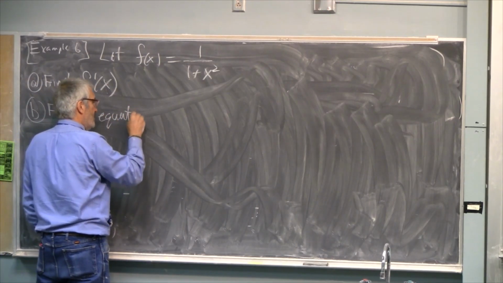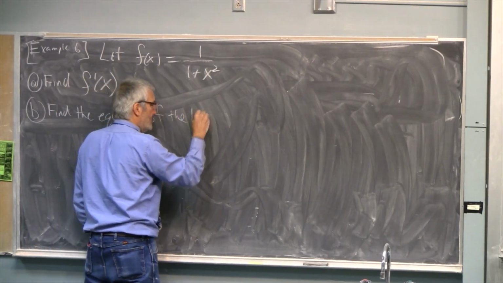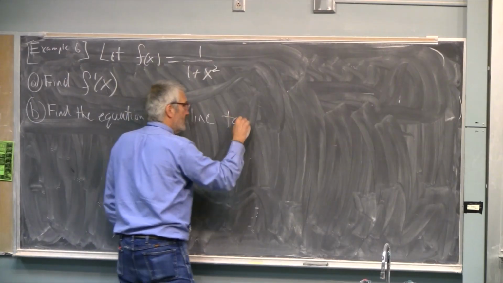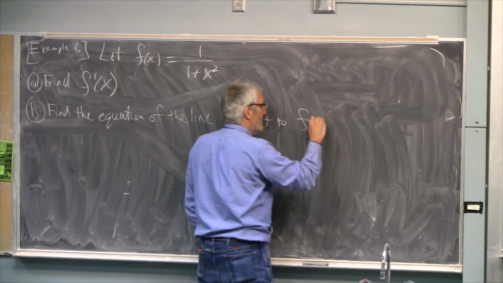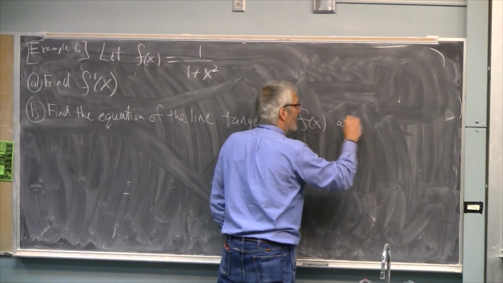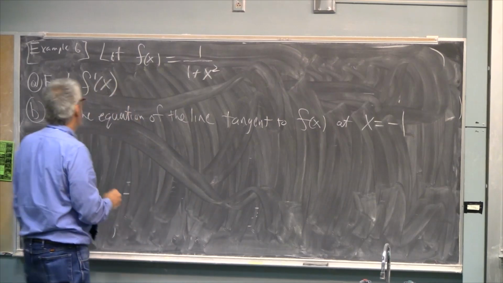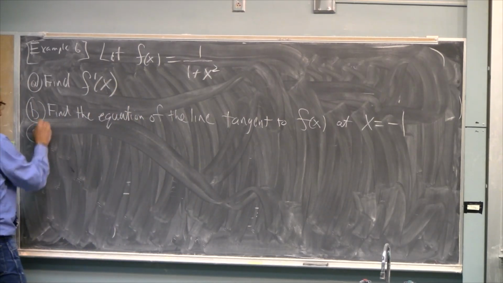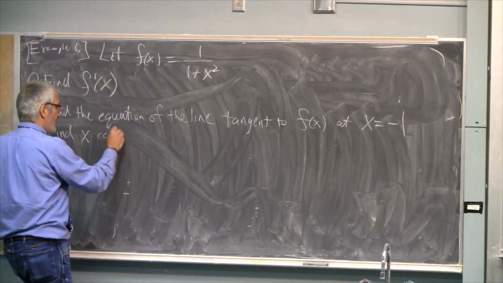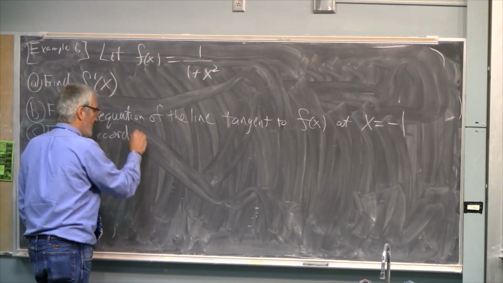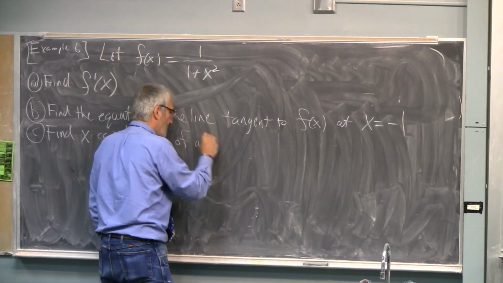And then you just have to use whatever cosine is over cosine is. Yes, derivative of the sine times cosine minus the derivative of cosine times sine.